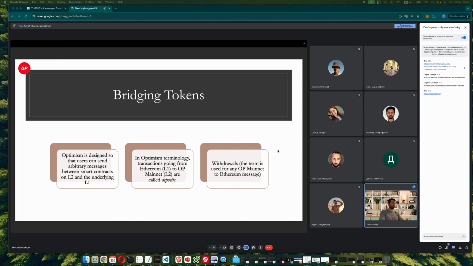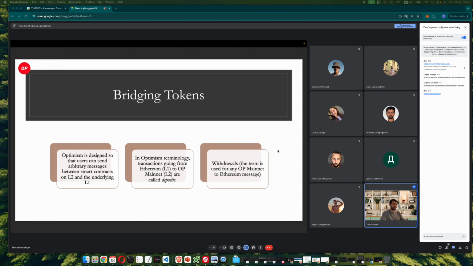When we have a withdrawal operation, it is basically a multiple step process, so we'll cover it in more detail in the next slides. But yeah, everything is based on messages, smart contracts on layer 1 and layer 2 that are communicating with one another.